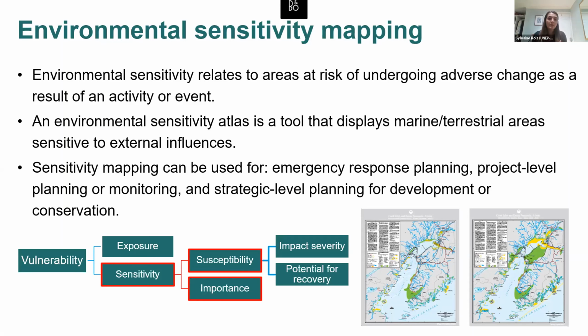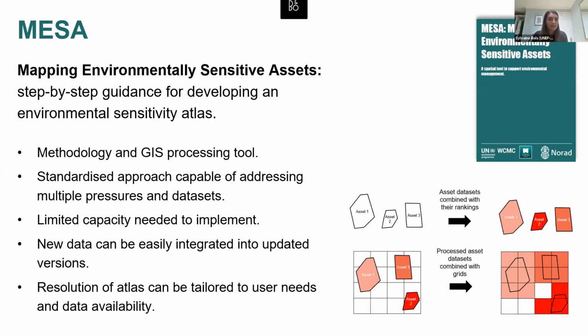But an environmental sensitivity atlas as a decision-making tool relies heavily on spatial data. And availability of spatial data is, of course, a challenge faced by many of the OFD partner countries that we are working with, as well as many other countries.